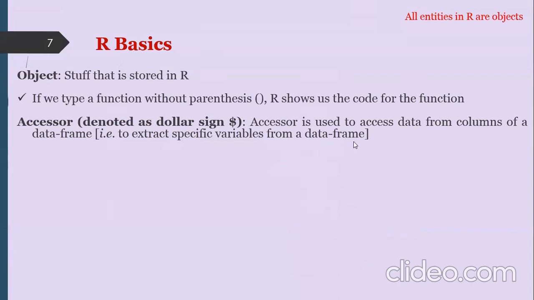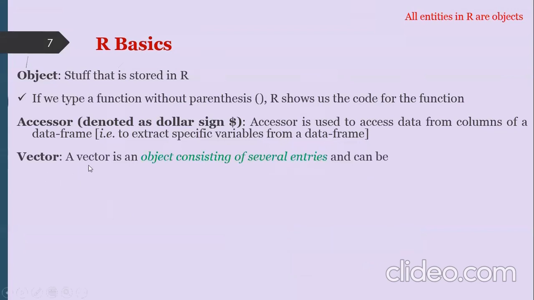You already know what a data frame is. And after that, a vector. A vector is an object consisting of several entries, like the names of cities, or the variable. A vector can be numeric, a vector can be a character vector, or a vector can be a logical vector. If x is equal to 1 2 3, that is numeric. Or a vector like yes, no, that is logical. And a vector could also be character features.